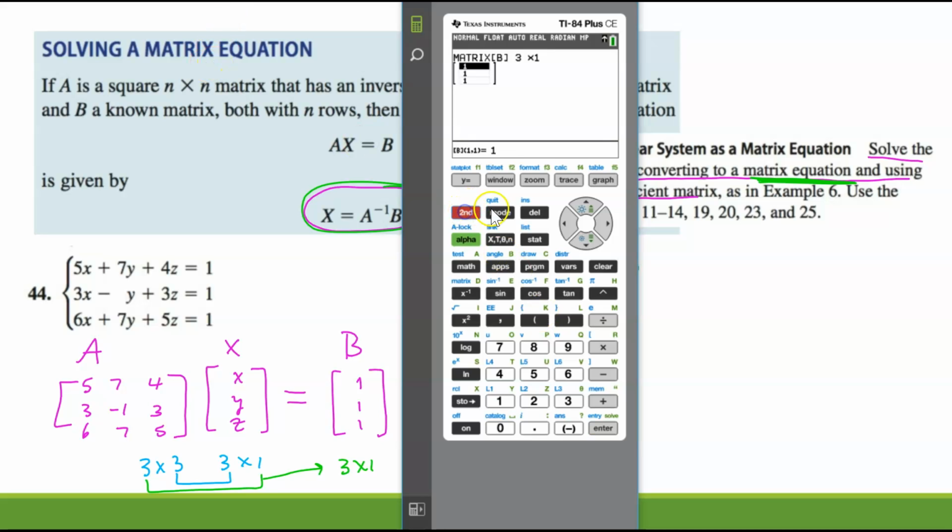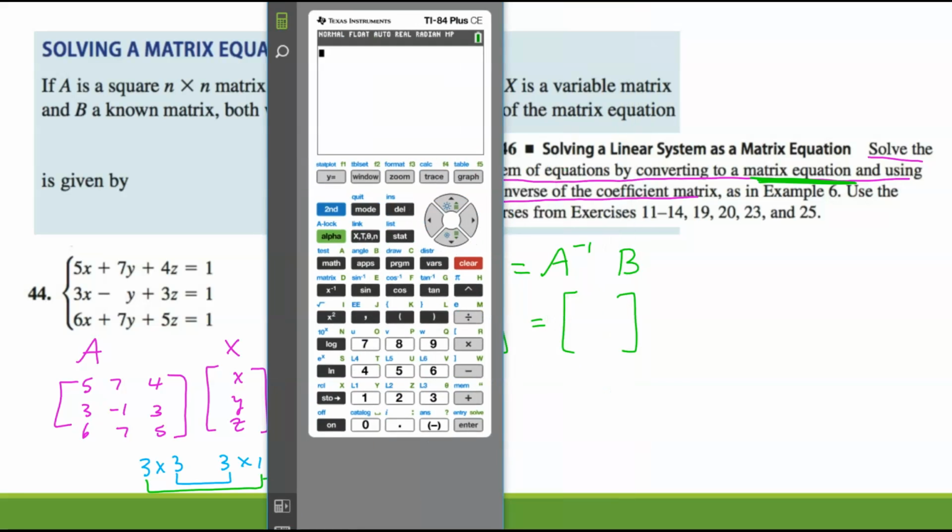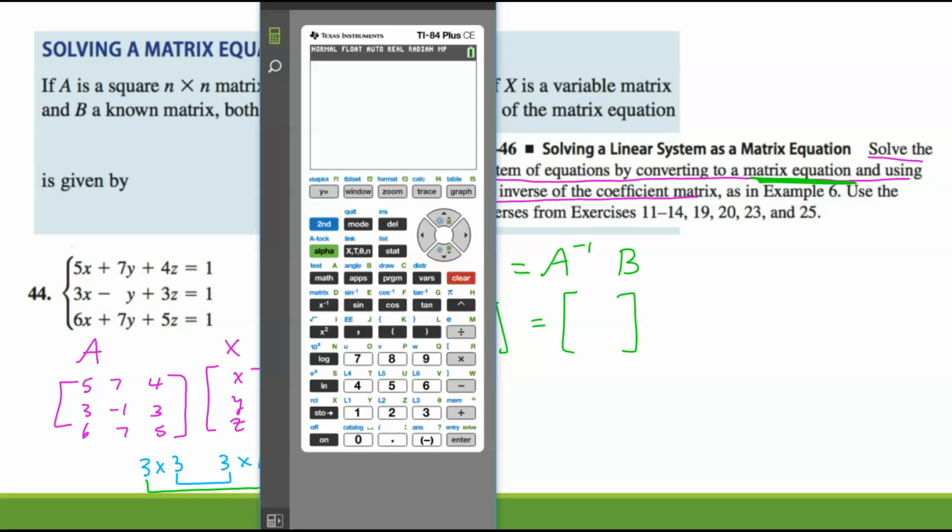Okay, so we get back to the home screen. We clear everything out. Okay, so what we want to do is take A inverse and multiply it by B. If the inverse exists, then we're going to get a solution to this system of equations.